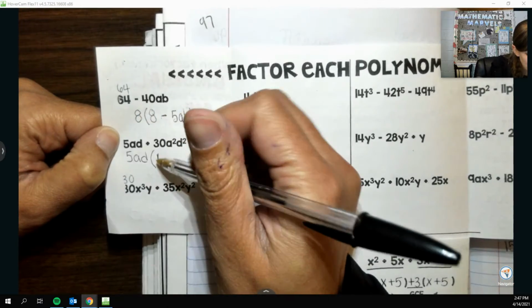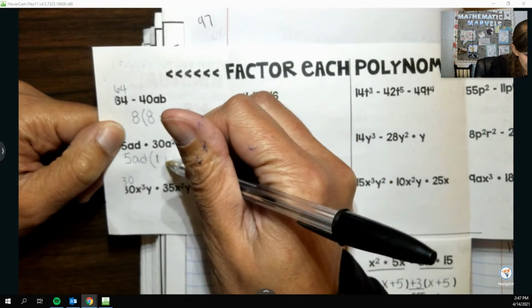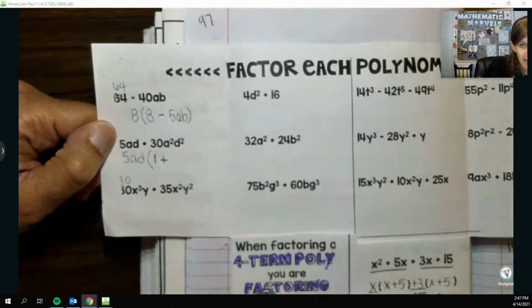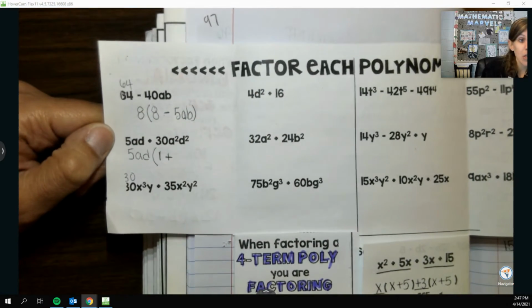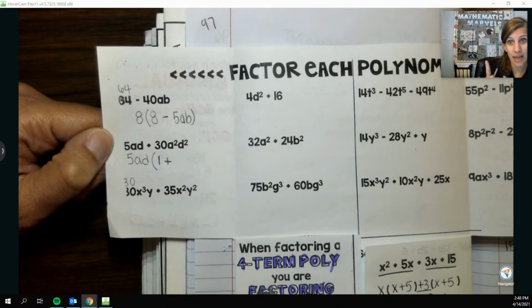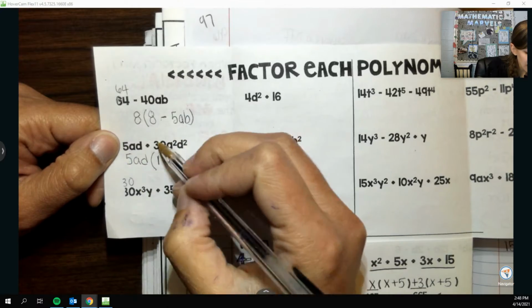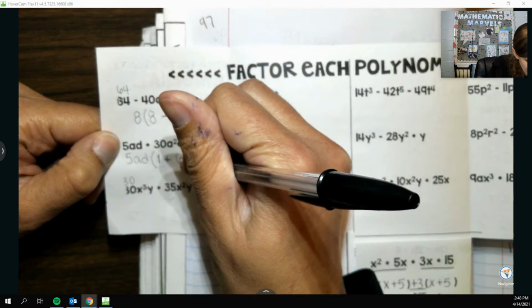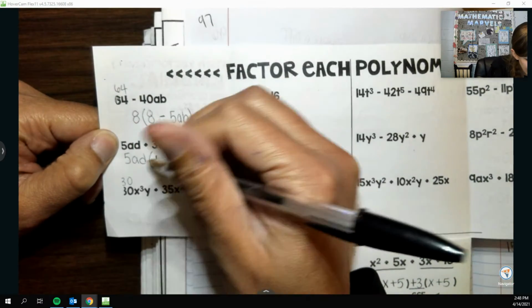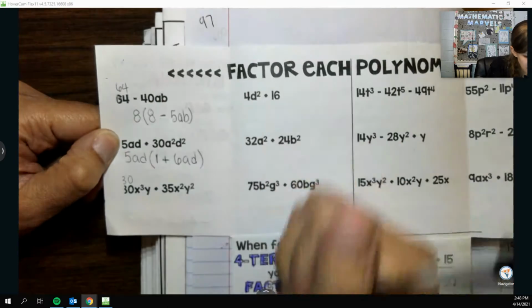And I do need the placeholder there, even though I took the A and the D, because I need to multiply back to get that same number. So if you fully take everything out, you have to put a 1 there as a placeholder. Then I think 5 times what's going to get me 30. And I took 1A, so there's 1 left, and I took 1D, so there's 1D left.